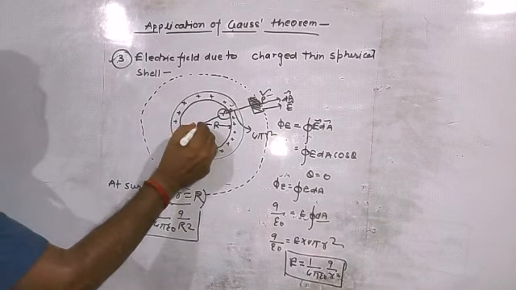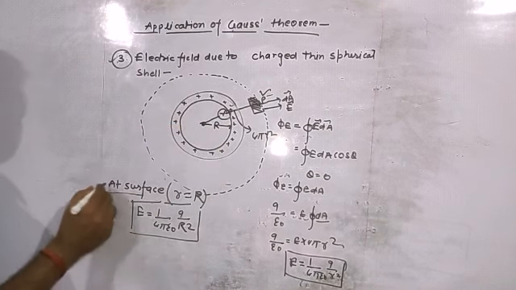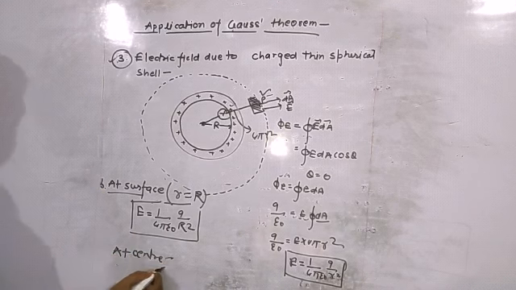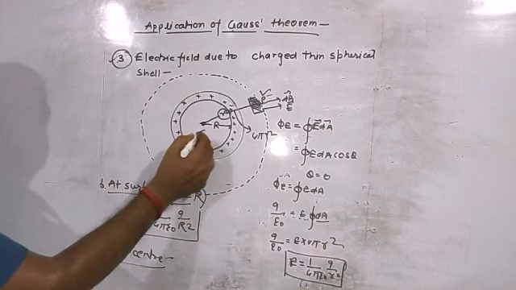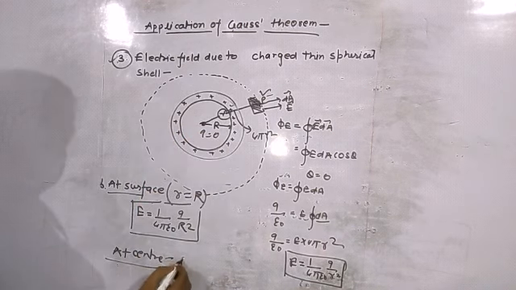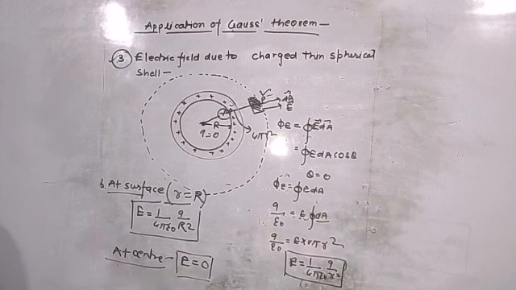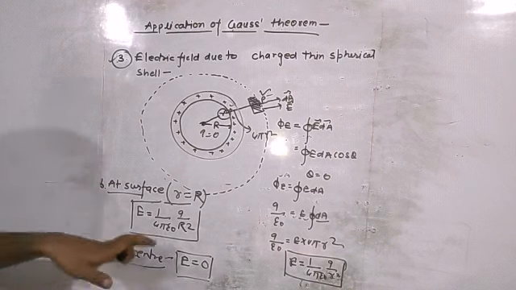Now if we want to find it at the center, this is the second case. At the center, since no charge is present, charge q is 0, so the electric field intensity will also become 0 at the center. So this is the variation of electric field intensity outside, at the surface and inside the shell.